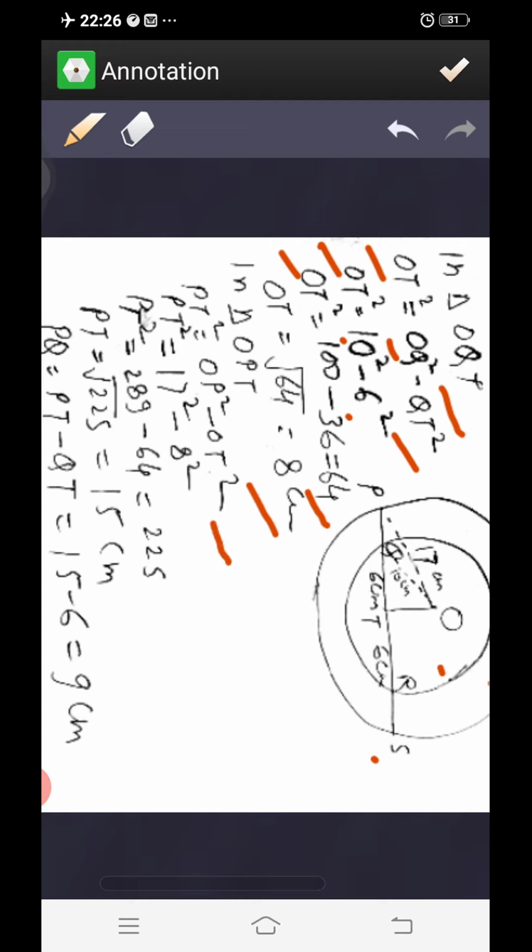So PT square equal to 17 square minus 8 square, that is 289 minus 64, that is 225. So PT equal to under root 225, that is 15 centimeter. This PT we have got 15, QT is 6. So how much is PQ? PQ equal to PT minus QT. So we get 15 minus 6 equal to 9 centimeter. That will be the length of PQ.